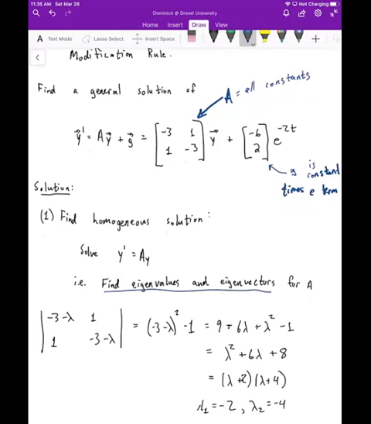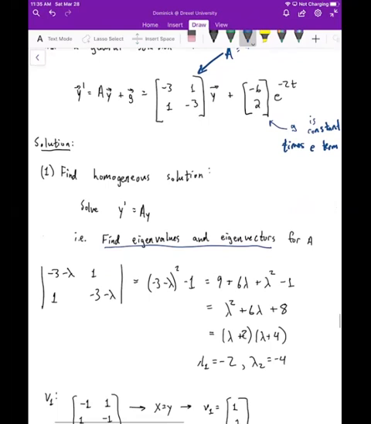As we saw before, this just boils down to finding the eigenvalues and eigenvectors for this matrix. So we take our coefficient matrix A and subtract lambdas on the diagonal, so we get -3 minus lambda on the diagonal. We multiply those together and subtract 1.